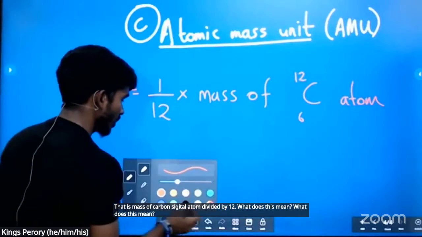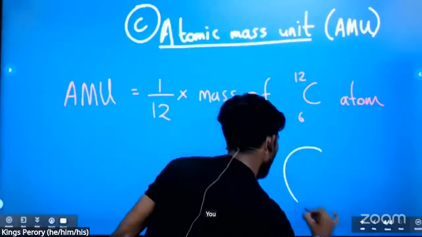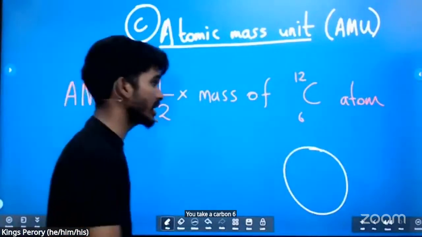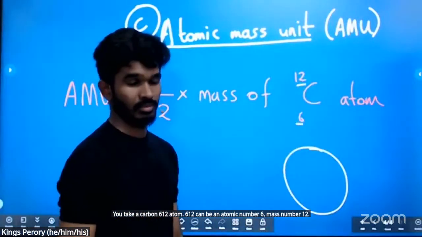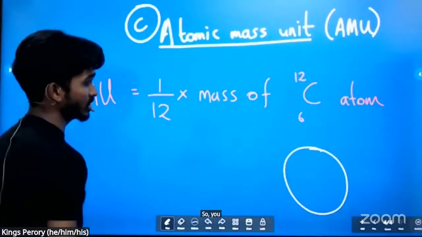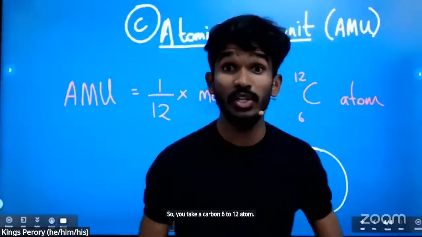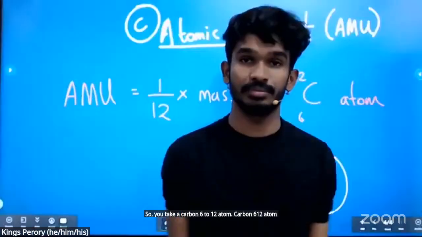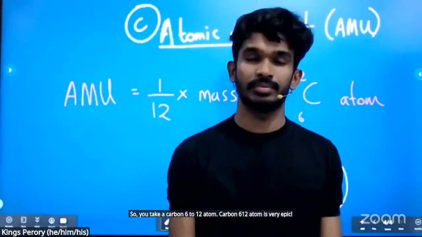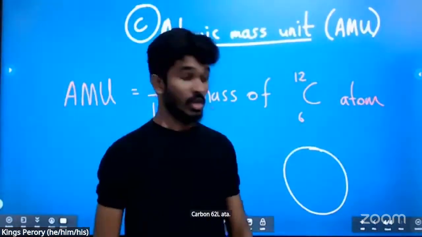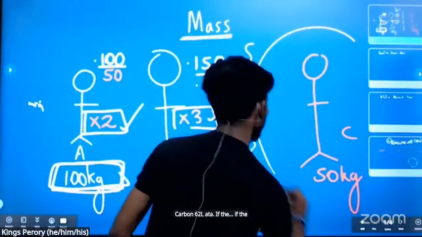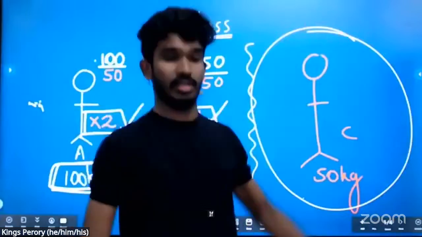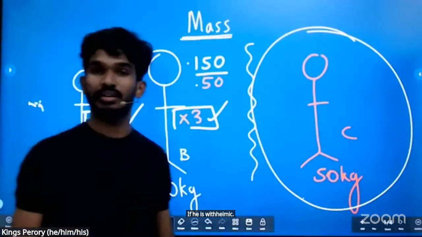You take a carbon-12 atom. Carbon-12 means atomic number 6, mass number 12. So you take a carbon-12 atom. A carbon-12 atom is very big. If the comparing mass is very big, if C is very big, can we compare?